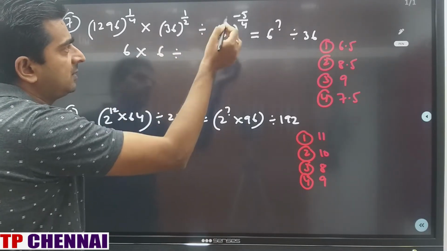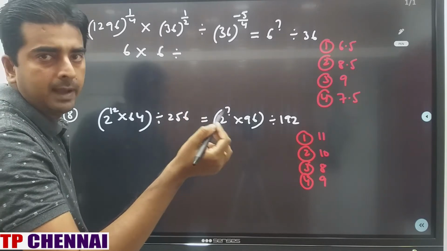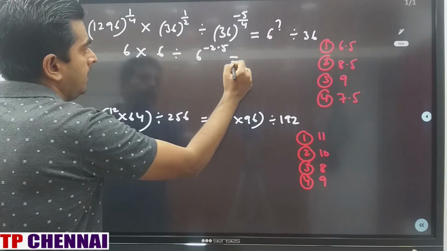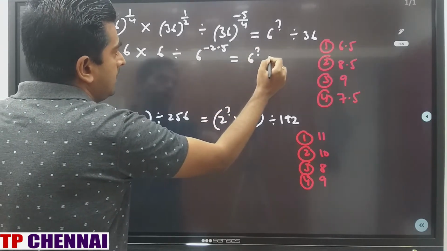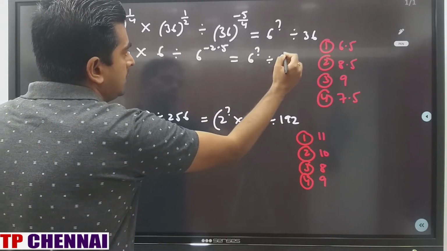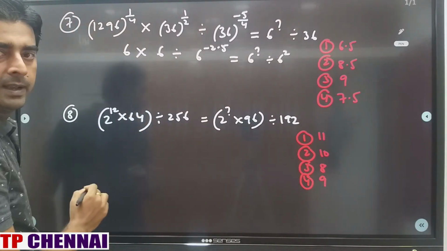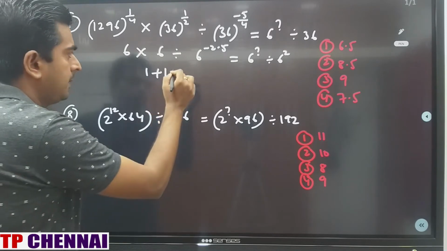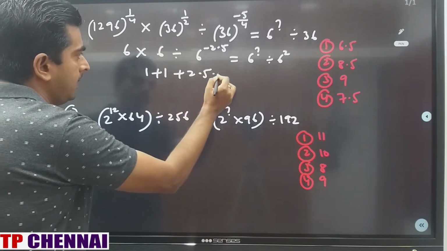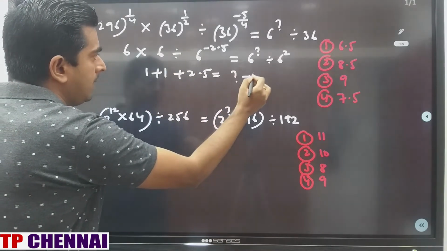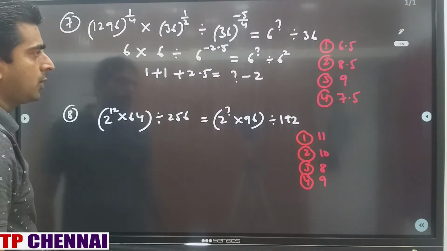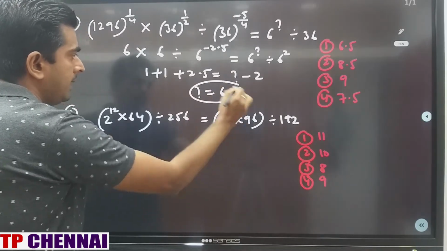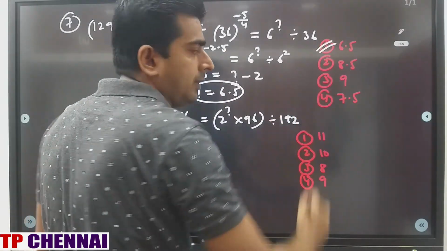So 6 power minus 10 by 4 is 6 power minus 2.5 is equal to 6 power question mark divided by this is 6 square. Multiplication means we have to add, so 1 plus 1 minus of minus 2.5 is plus 2.5 is equal to question mark minus 2. 2 plus 2 is 4.5 plus 2, 6.5. My answer is 6.5, which is first option.